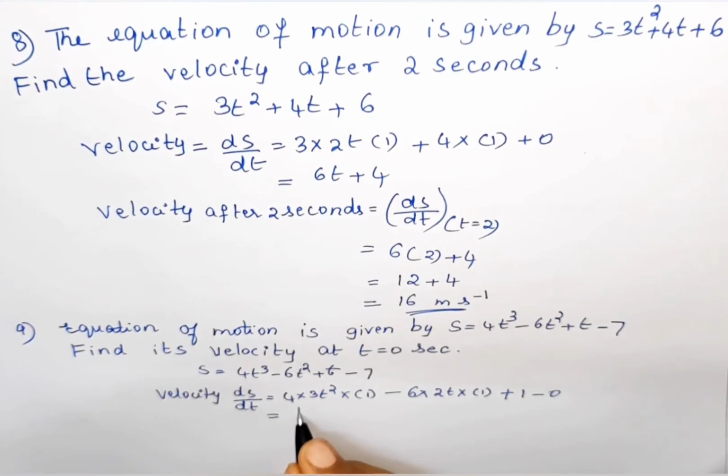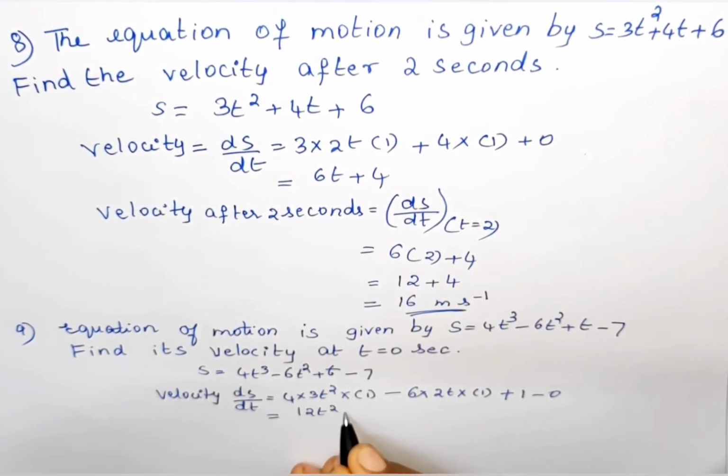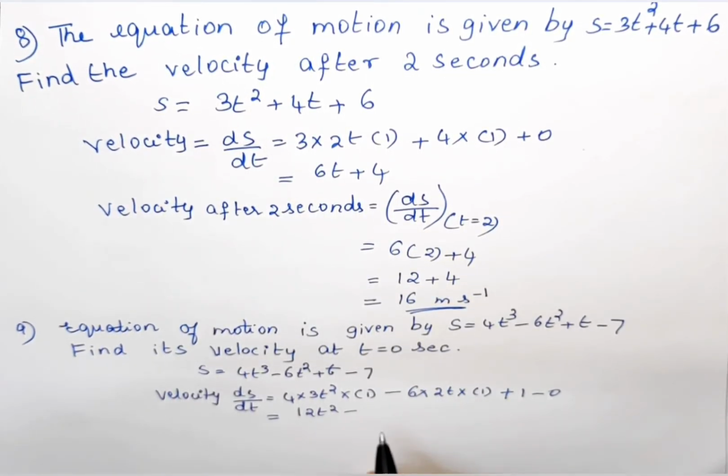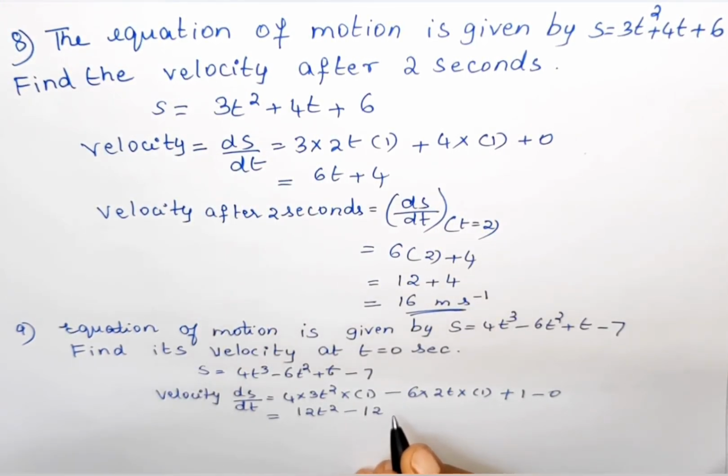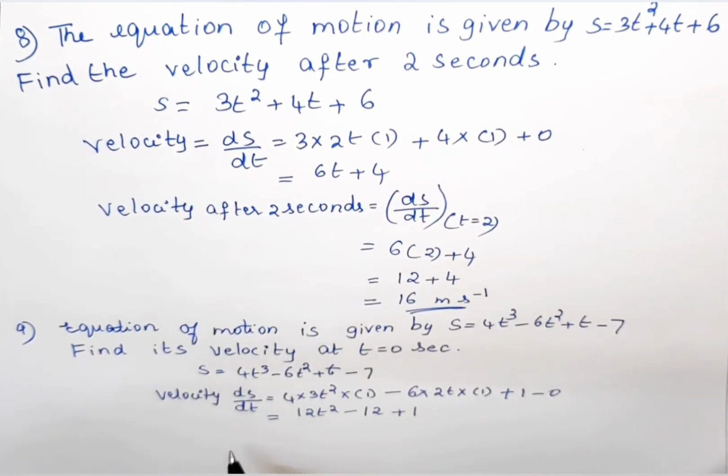Now 4 threes are 12. 12 into 1 is 12t square, minus 6 twos are 12. 12t into 1 is 12t, plus 1.